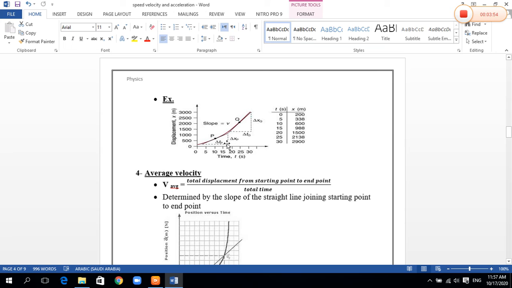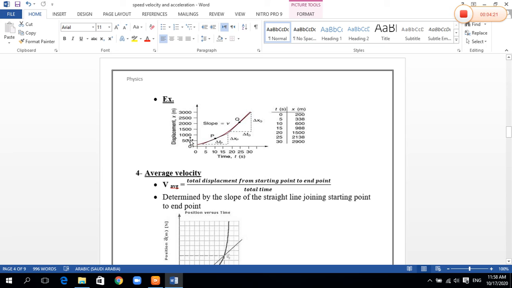The slope means the difference on the displacement axis over the difference on the time axis. We name the time axis t and displacement x. So delta x over delta t will give you the velocity, the magnitude of velocity.